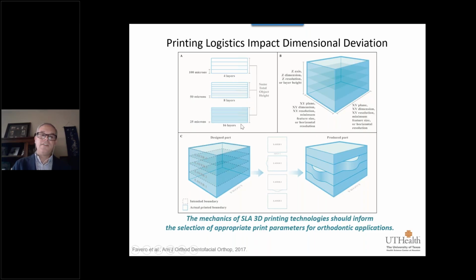As one propagates the error associated with printing any given layer across 4 times as many layers at the thinner layer height, one could potentially result in a model with greater dimensional deviations. It's important to note that dimensional deviation is distinct from surface smoothness or surface features, the quality of the surface of the 3D printed part, and perhaps that's something that we could get into in questions and answers.